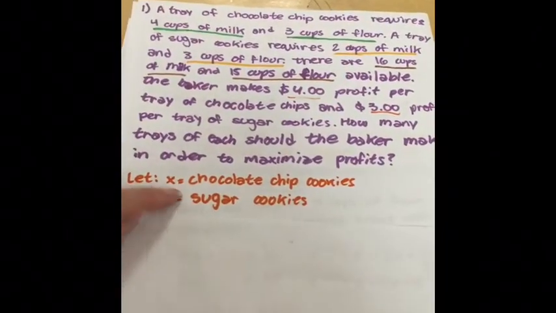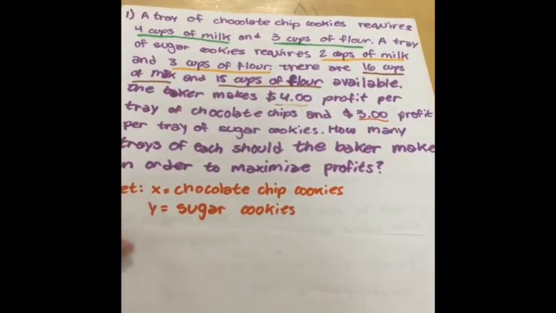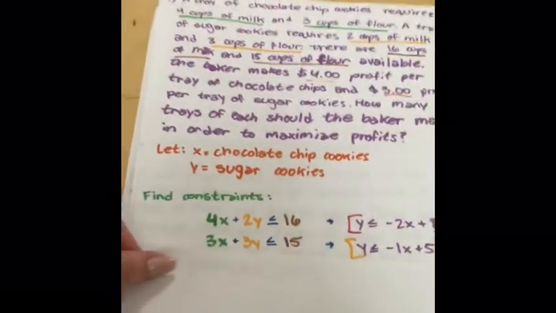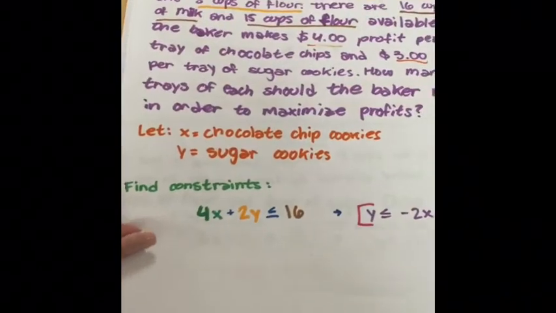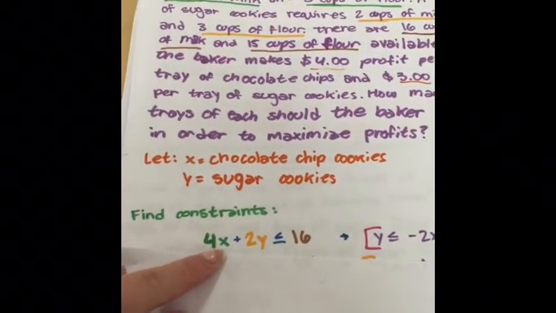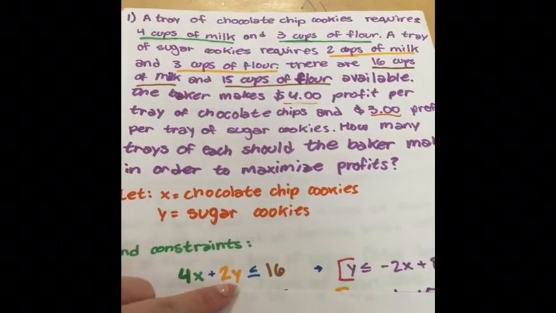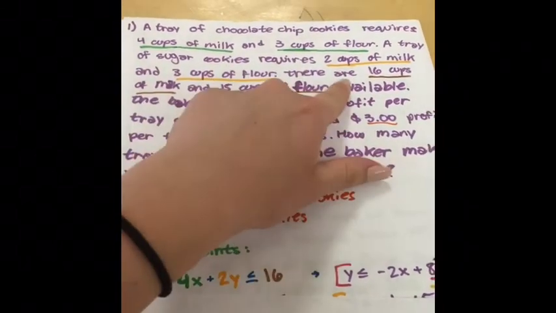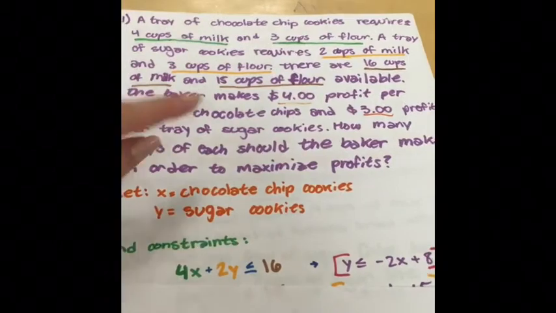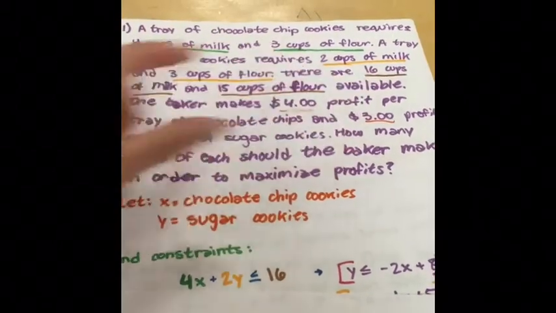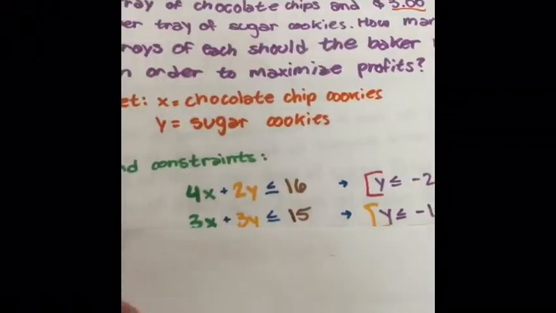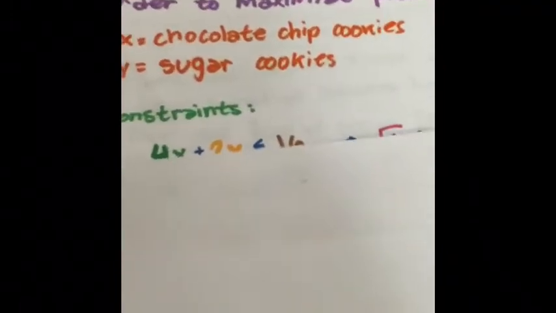So, you let x equal the chocolate chip cookies and let y equal the sugar cookies. First you want to find the constraints. So you would do 4x, which is the 4 cups of milk, and 2y, which is the 2 cups of milk, and you have 16 cups of milk. So it would be that equation.